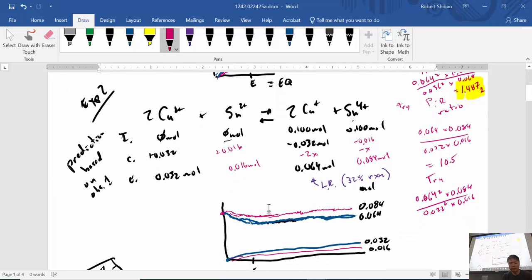So let's go ahead and punch that in. 0.064 squared times 0.084 divided by 0.022 squared divided by 0.016.